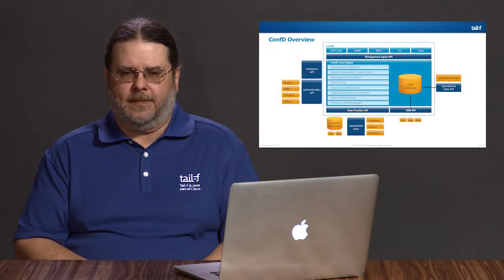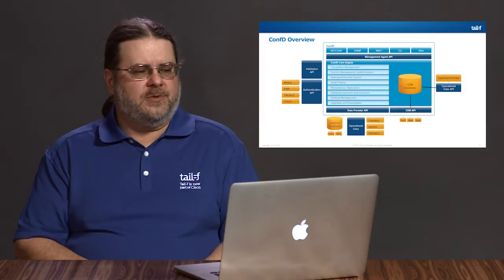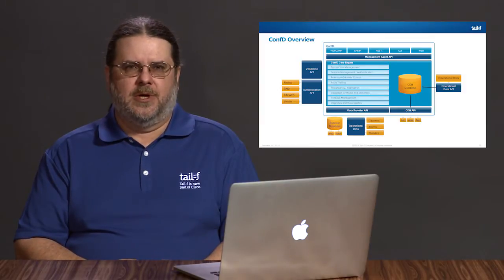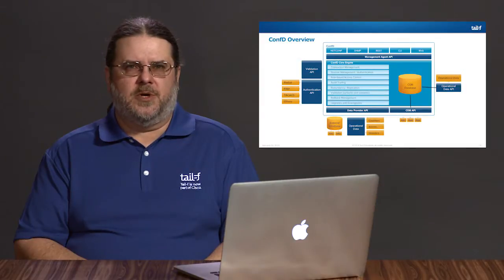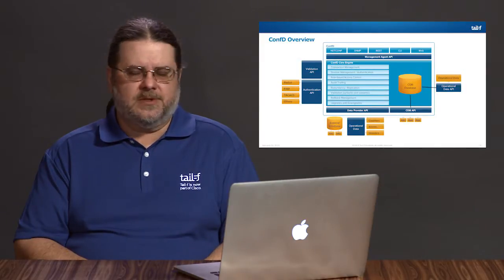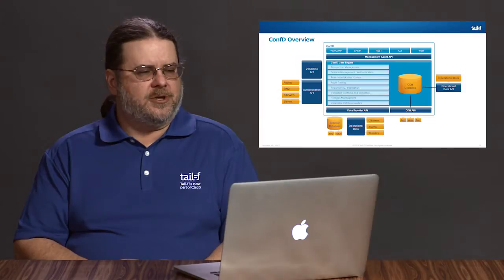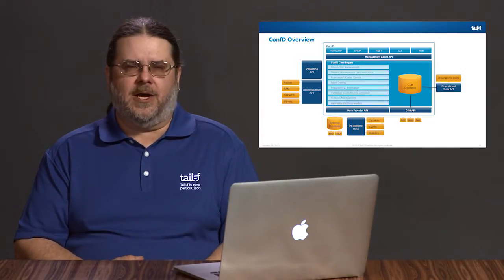In addition to transactions, which are a major feature, ConfD provides a full implementation for your AAA system for authentication, authorization or access control, and auditing. In a subsequent module in this series, we'll go much more in-depth into the AAA system, but as a brief introduction, you have a variety of options available.